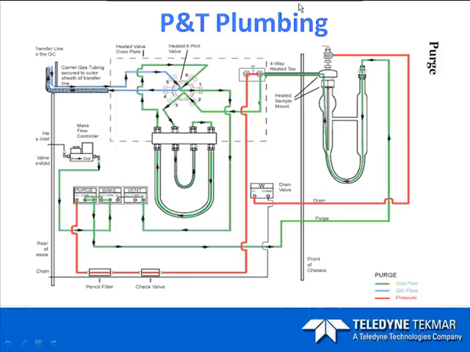Now, if we look at this plumbing diagram here, we can see that the carrier gas comes in the inlet to the back of the unit and travels through a sample pathway, and it's going to bubble up through the sparge vessel, and those analytes are going to come over and go through the condensate trap.